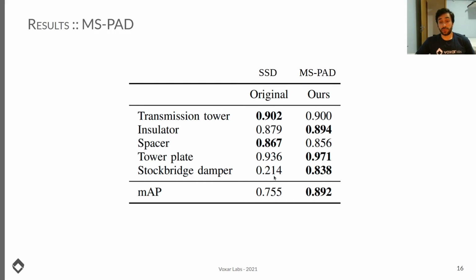And when we compare to our pipeline, the MS-PAD was able to improve the mean average precision greatly, from 75.5% to 89.2%. This was greatly due to the stockbridge damper improvement, which in the MS-PAD pipeline was dealt with.